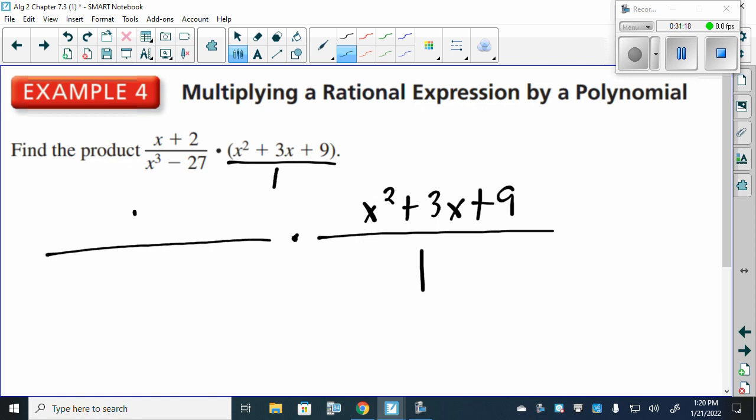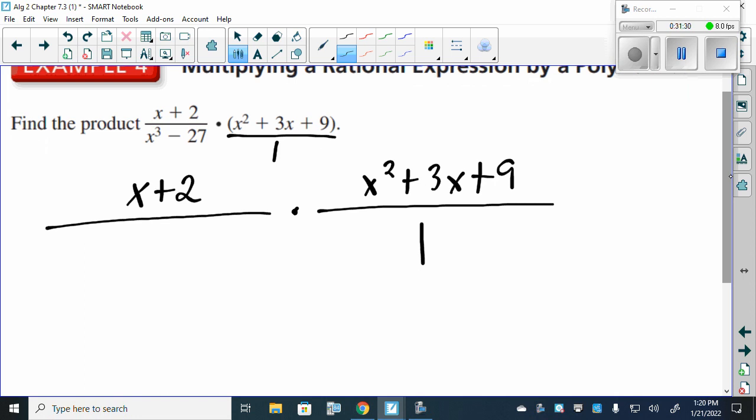Well, we can't actually factor x plus 2 because there's only 2 terms and there's not a greatest common factor. Now, x cubed minus 27 is a difference of perfect cubes, because the cube root of x cubed is x and the cube root of 27 is 3.